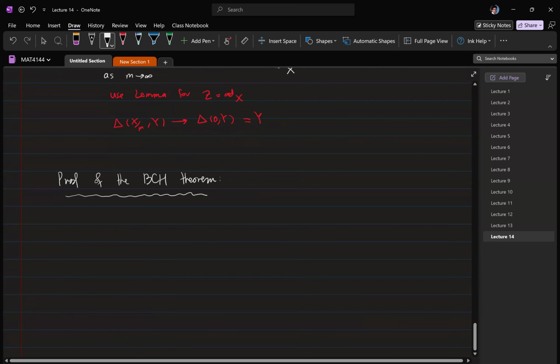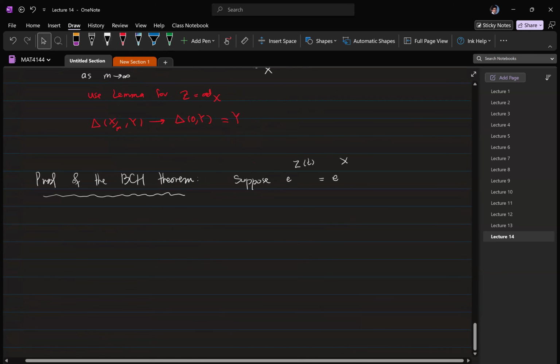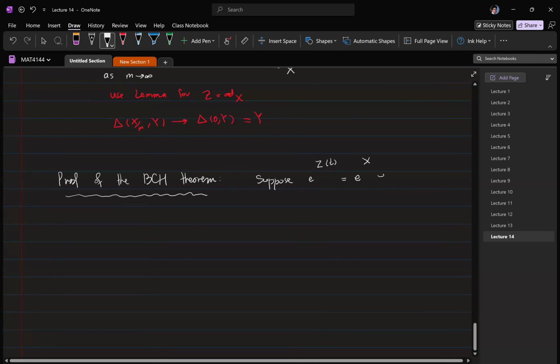So I want to define z as a function of t. So it's a matrix valued function of the parameter t, which describes the logarithm of e to the x times e to the ty. So it's well defined for x and y small, okay? So for x and y of a small norm.